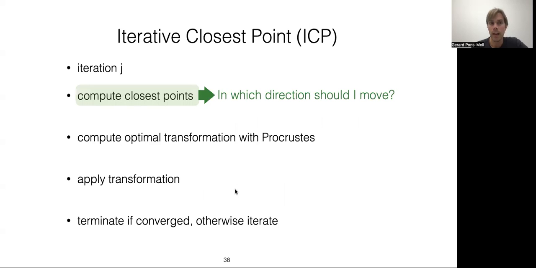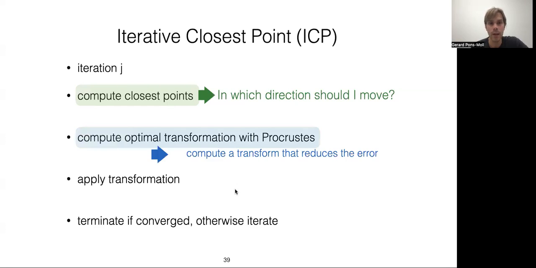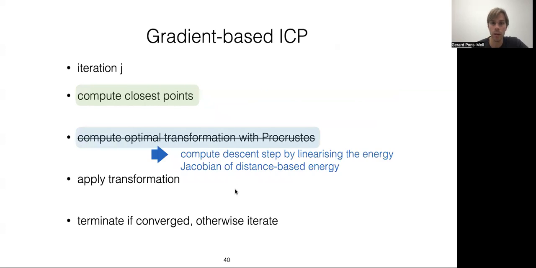Well, we can. We can compute closest points. These are the correspondences, which are going to tell us in which direction we should move. Then instead of computing the transformation with Procrustes, we're going to have a general transformation, indicated by this function f. And because f might be nonlinear, there is no closed-form solution, right?